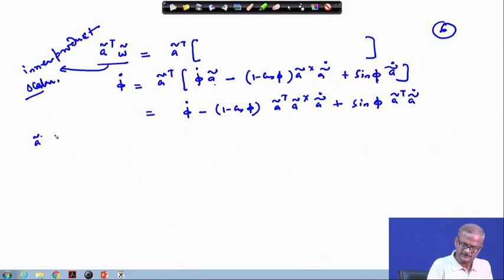Now, A tilde transpose times A tilde, this quantity is 1. This is a scalar inner product. So, the right hand side is a constant.